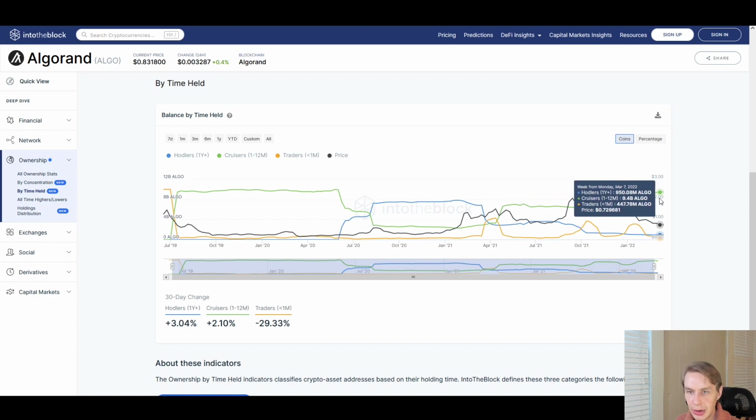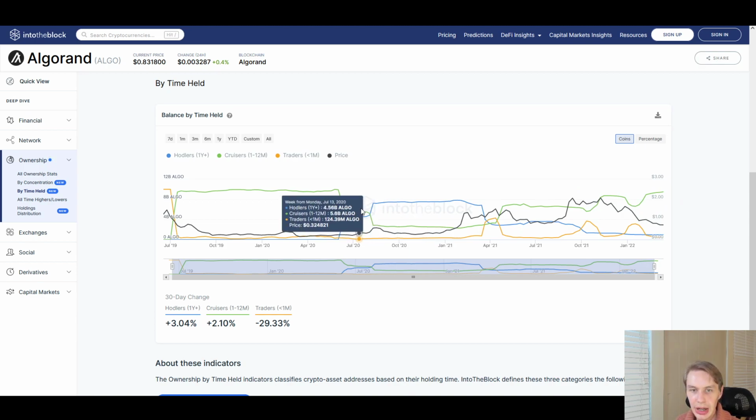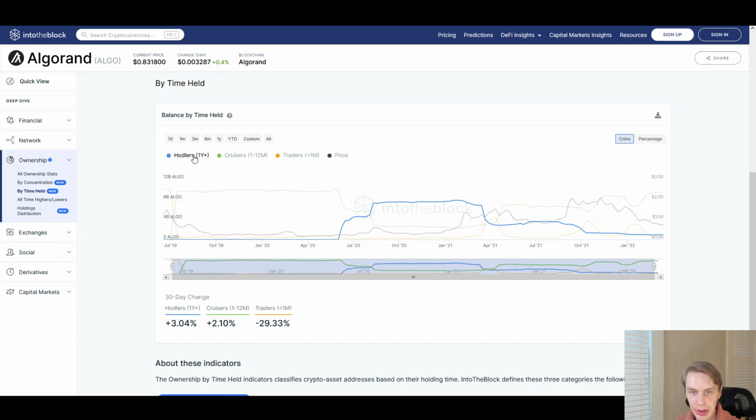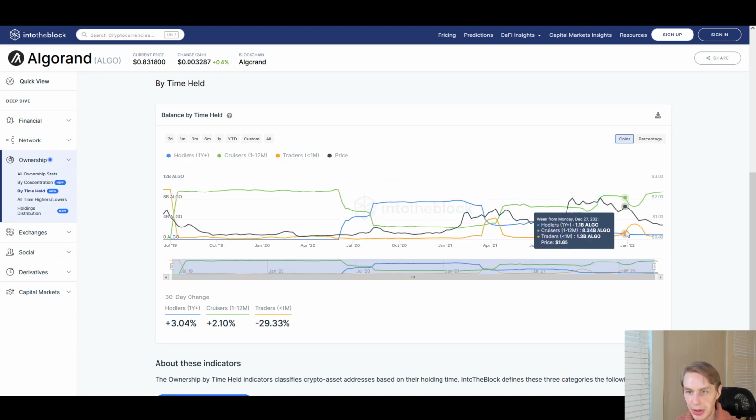I think this is really notable in a lot of ways, because what it might suggest is that ALGO hasn't really established its hodler core yet, potentially, right? All of these older tokens holding for a year or more, they've pretty much all capitulated, at least in a meaningful way. They're kind of just out of the market. Not very many people are holding ALGO for more than a year at this point.